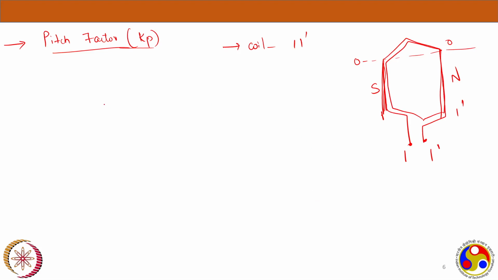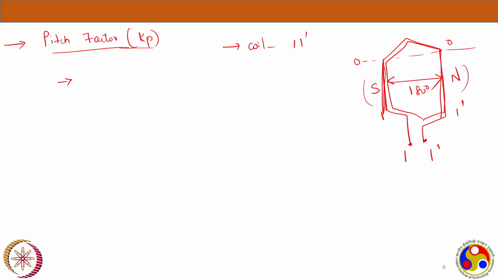So in other words, what I want to say is, we call this particular thing a coil span. So the coil has been spread over 180 degrees. We know if there are two poles in a machine, 180 degrees will be for one pole and 180 degrees for the other pole. I'm again reminding you, it's not mechanical.